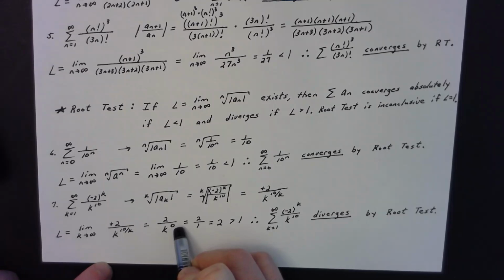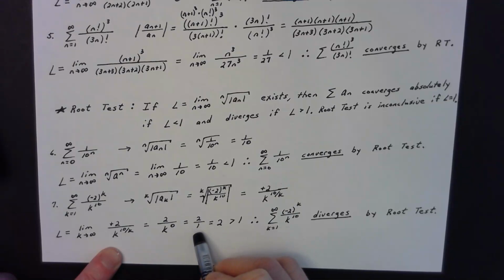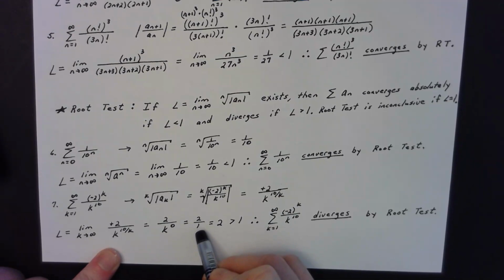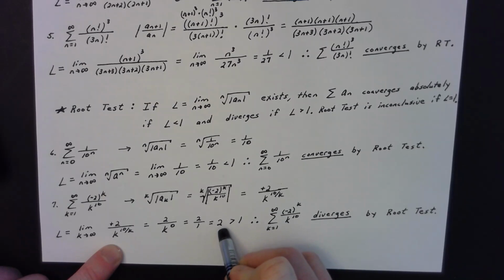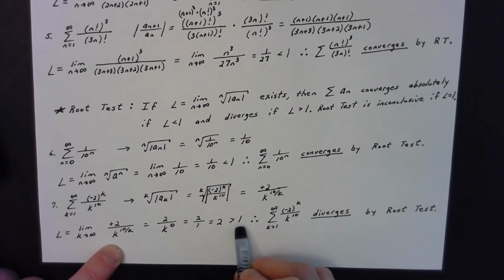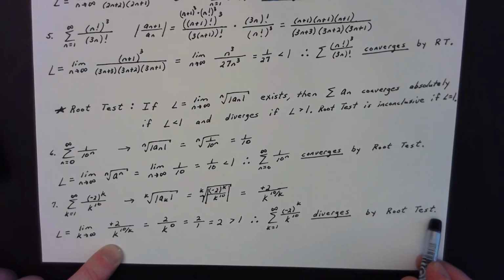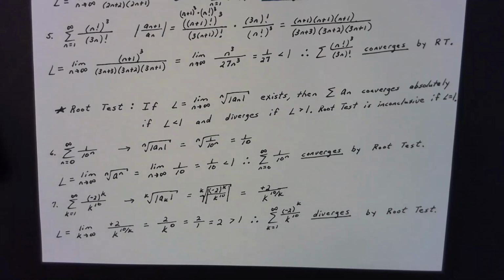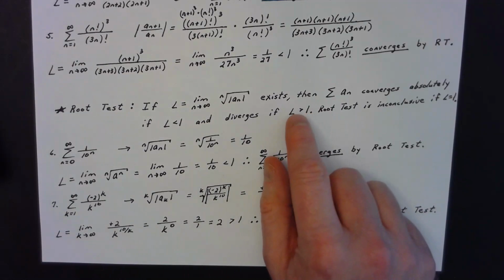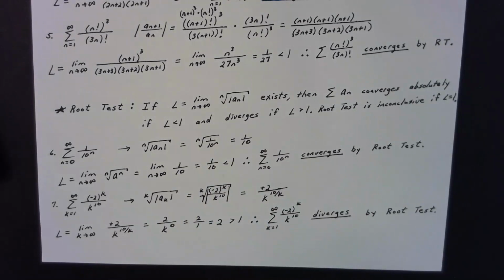Any number to the 0 power is 1. So this is just going to be 2 over 1. And then the limiting value of 2 over 1 as k goes to infinity is just 2, which is greater than 1. That's evidence that this series diverges by the root test. So I can say divergent by the root test because the limiting value was 2. Anytime the limiting value is greater than 1, that's evidence that it diverges.